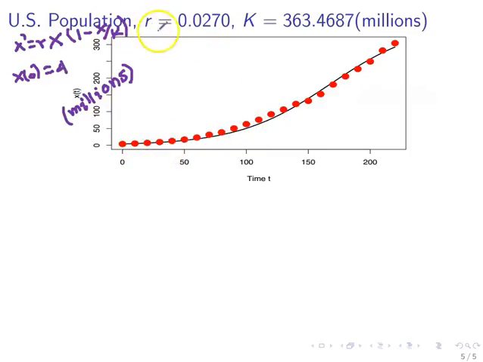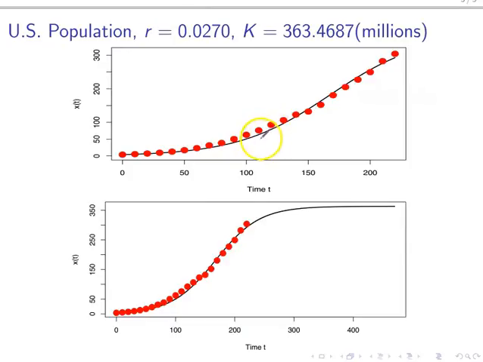And it turns out that if you use these values for the parameters r and k, you see the solution of that differential equation, the logistic equation, displayed here as a solid curve.